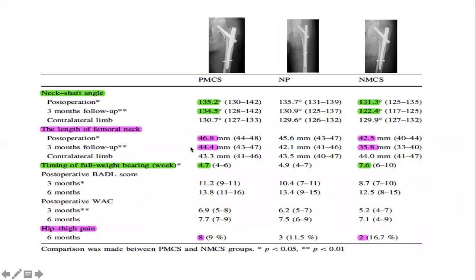In the study, they showed that the neck shaft angle achieved by positive reduction is good. There is a decreased LLD following the reduction, time to full weight bearing is less, and overall hip pain is significantly less compared to the negative and the neutral reduction.